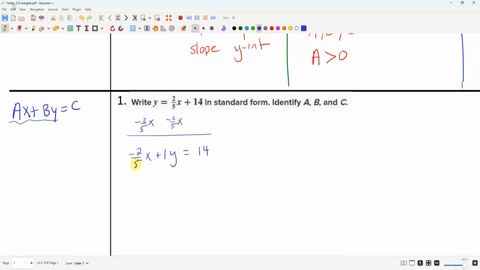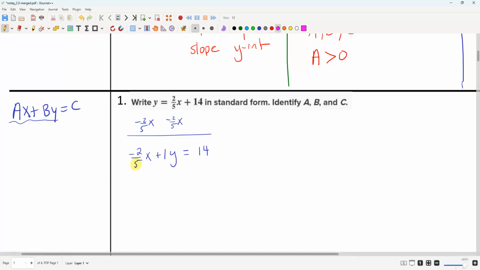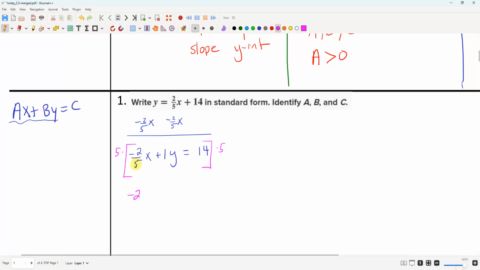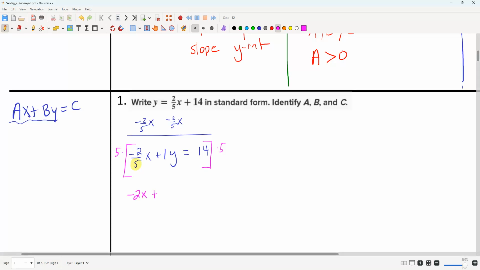I'm going to multiply everything by 5, getting rid of all the fractions by multiplying every single thing by 5. That would cancel this off, and give us negative 2x plus 5 times 1y, which is 5y. And on the right-hand side, 5 times 14, which would be 70.